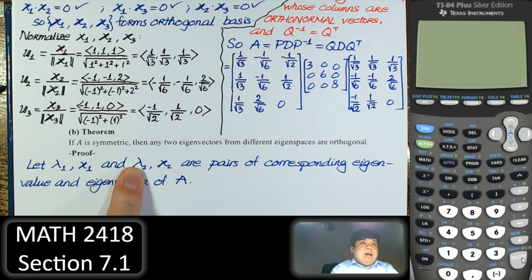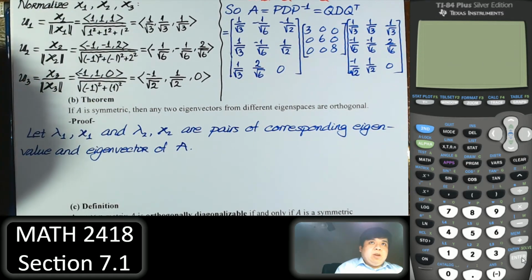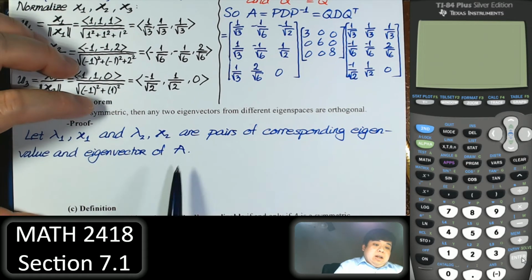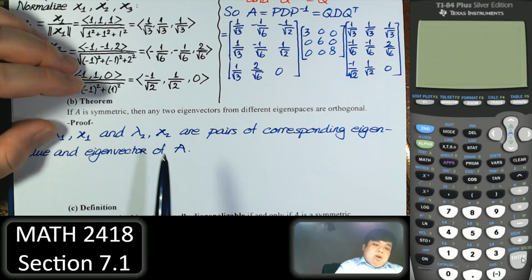If we have eigenvalue λ2, we have eigenvector x2. Right. We need to show that the eigenvectors are orthogonal.